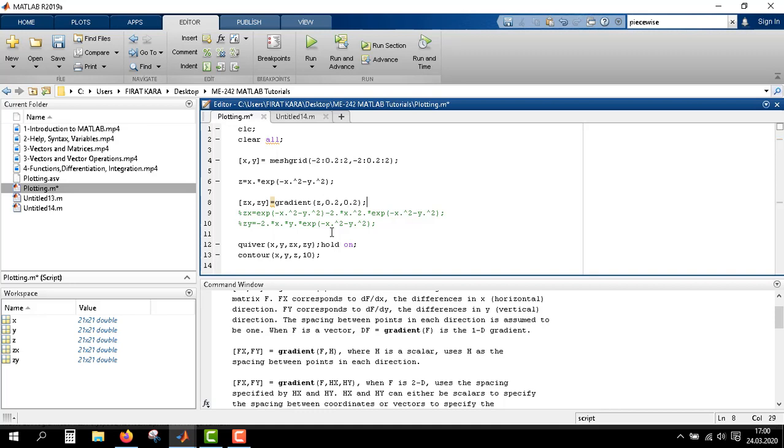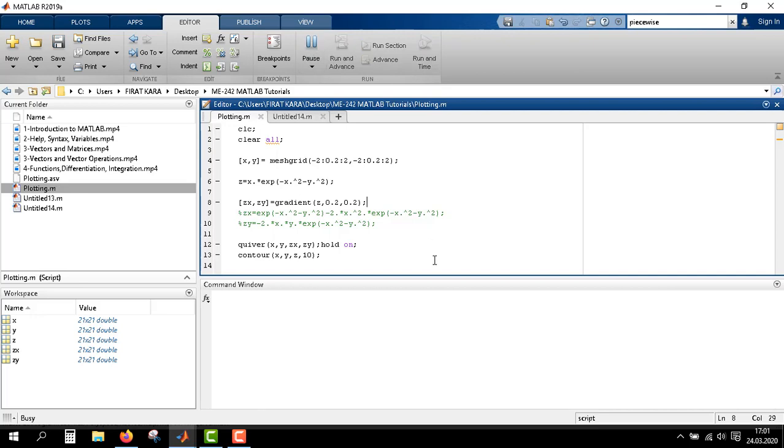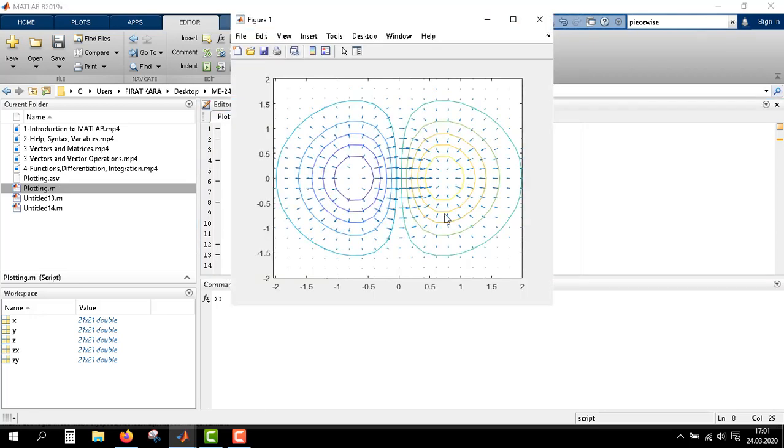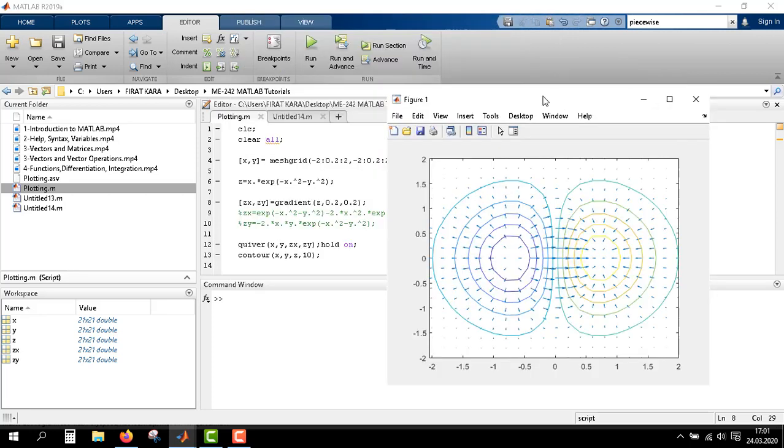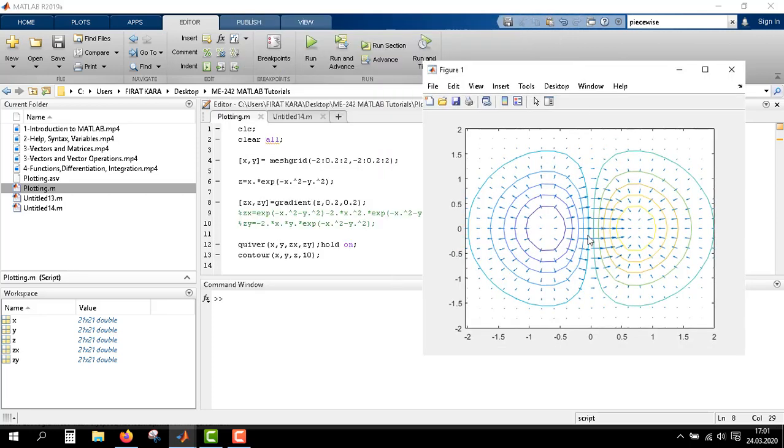Okay. Now let's check the graph again. You see there is no difference between the two methods of taking the gradients.